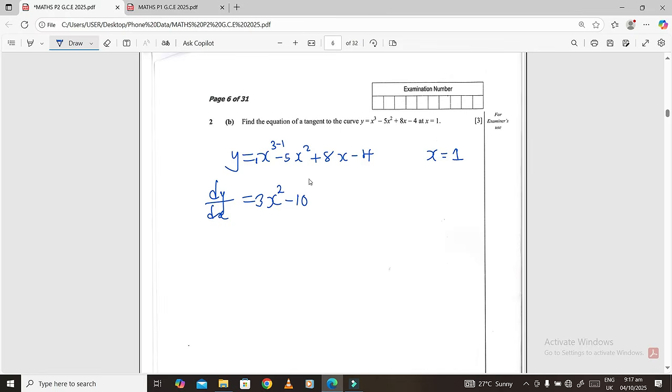Here it will be minus 10, because 2 times negative 5 is negative 10, and then for x you subtract a 1 from the power, and you remain with the power 1. For this one, it will just be 8. When you've got a power 1, you multiply by 8, it's 8, you subtract a 1, it gives you power 0, so x to the power 0 is just a 1, so we remain with 8. For the constant, it will give us a 0.